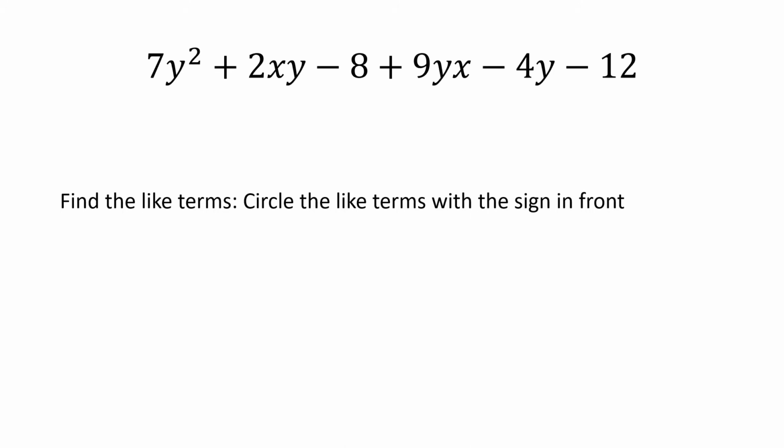Now let's try a bigger, longer expression. 7y to the second power plus 2xy minus 8 plus 9yx minus 4y minus 12. Again, find the like terms. So let's start with 7y squared.